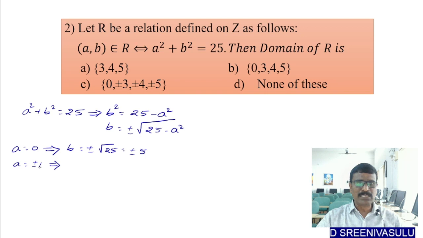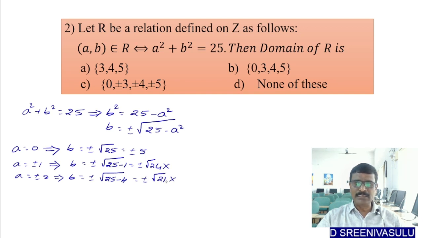Then b is equal to plus or minus root of 25 minus 1, which is plus or minus root 24. This is not an integer. Take a equal to plus or minus 2. Then b is equal to plus or minus root of 25 minus 4, which is plus or minus root 21. It is also not an integer.